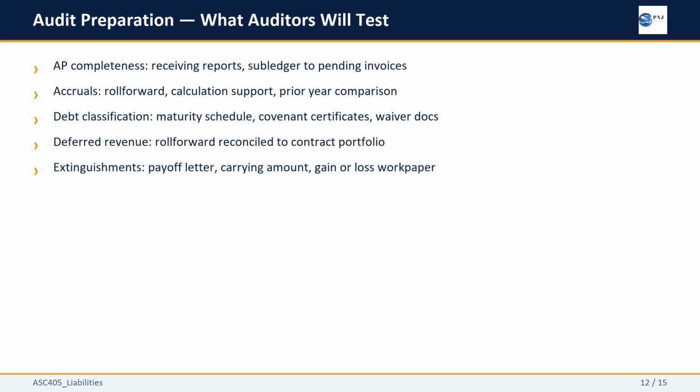For debt classification, they will ask for your maturity schedule, current portion calculation, covenant compliance certificates, and any waiver documentation. For deferred revenue, the roll forward must tie: opening plus additions minus releases equals closing. For extinguishments, the payoff letter or creditor release is the key document, followed by your gain or loss calculation work paper.